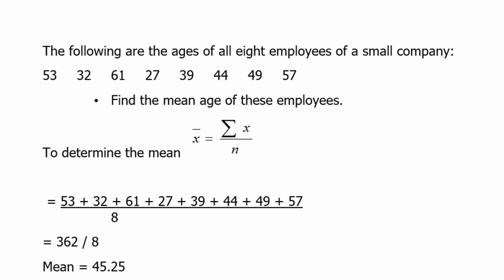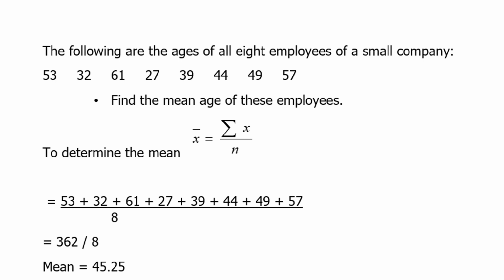The first one here is the ages that are given to us. How do we determine the mean? First, we state the formula, which is sum of x divided by n. Not forgetting that the data given to us here is not in a frequency distribution table, we use the first formula for computing the mean, which is summation x over n.